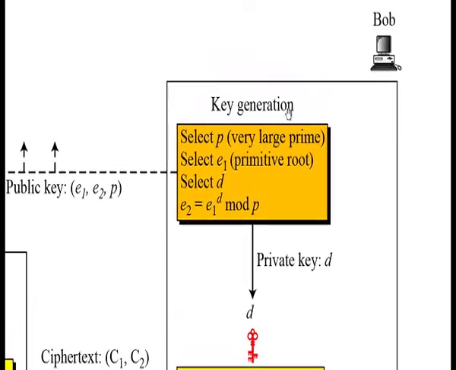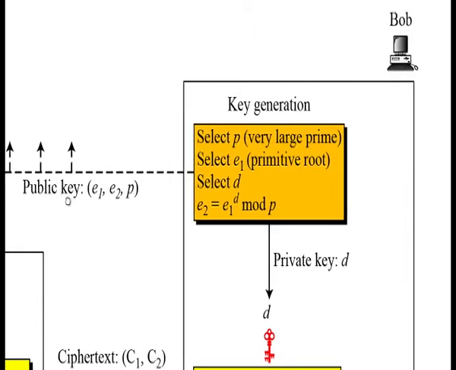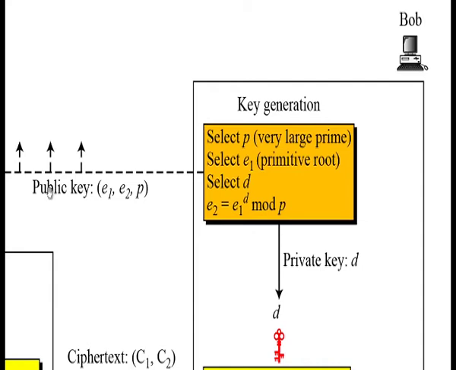As we know in asymmetric cryptography, if a person wants to send a message to another person, first he should get the public key of that person. Suppose Alice wants to send a message to Bob, Alice needs Bob's public key.